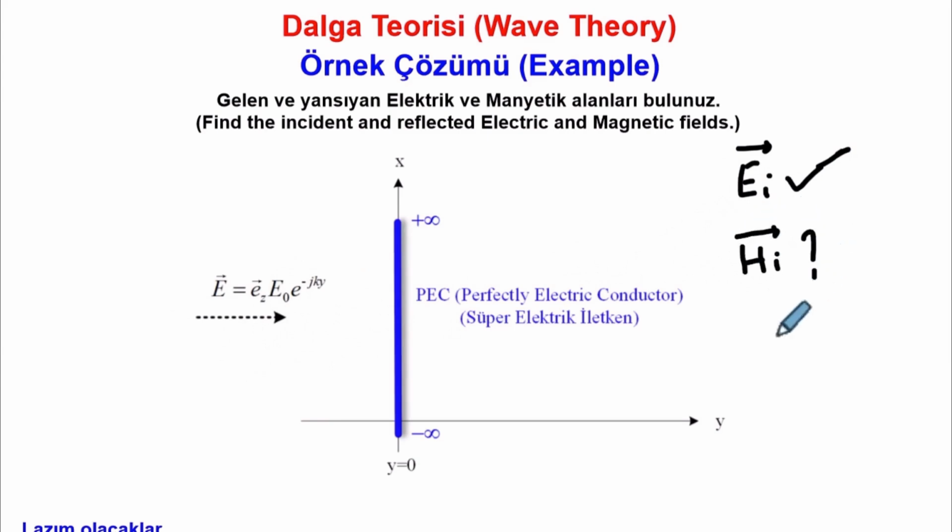While it comes this way, let's talk about what happens after it hits here. Since a perfect electric conductor is super, it means that all incoming energy is reflected without the slightest energy loss. Theoretically. In practice, this is impossible normally. But it's accepted that way. A superconductor reflects all fields, unlike what we call a resistive surface, or an impedance surface.